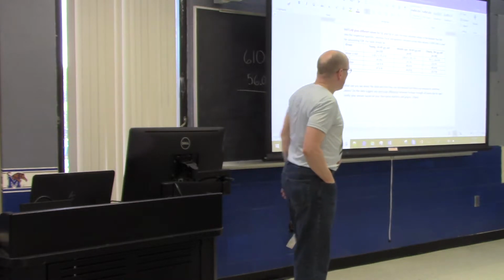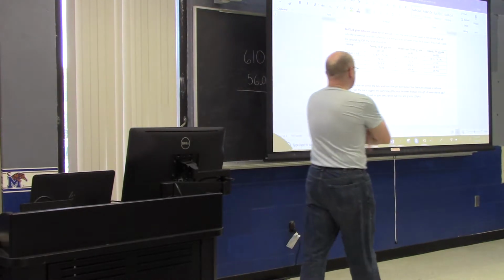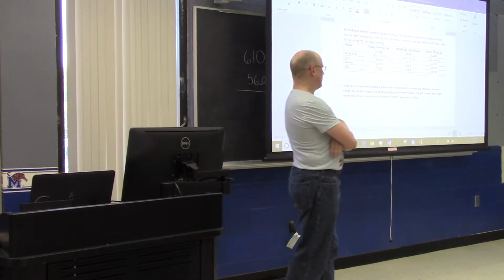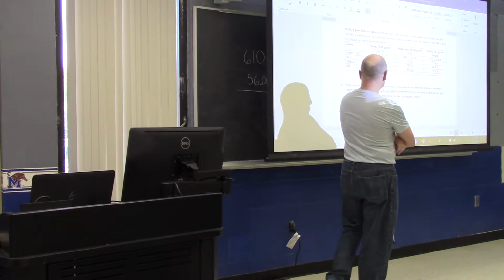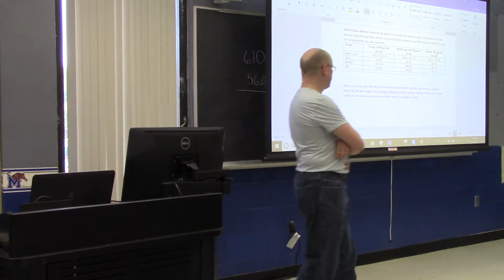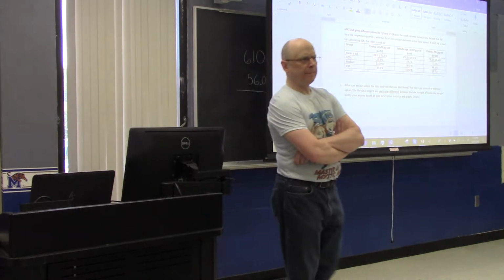All right, so what can you say about the data and how they are distributed? Are there any unusual or extreme values? Do the data suggest any particular difference between fracture strength of bones due to age? Justify your answers based on your descriptive statistics and graphs. Now, what determines whether something's an outlier or not?